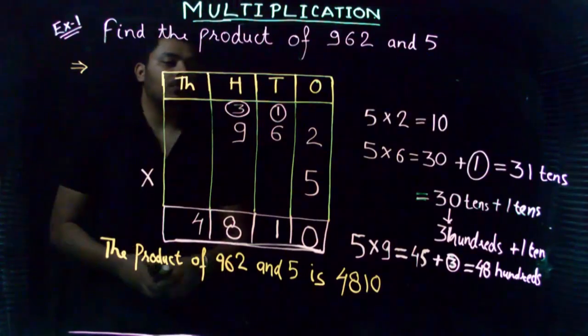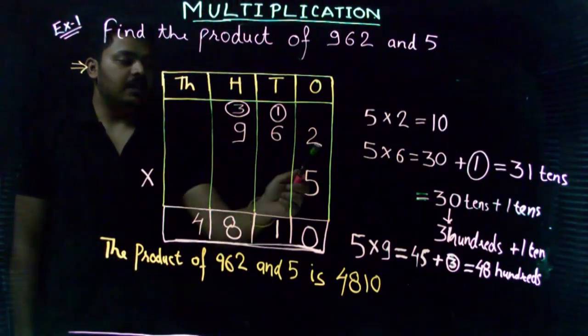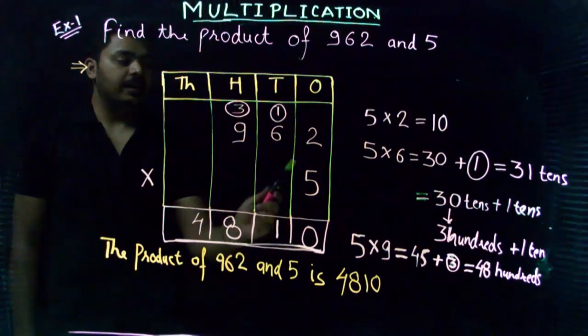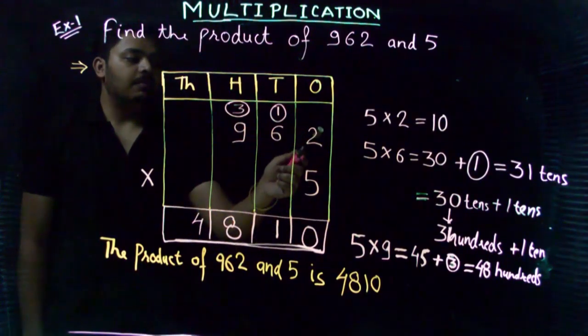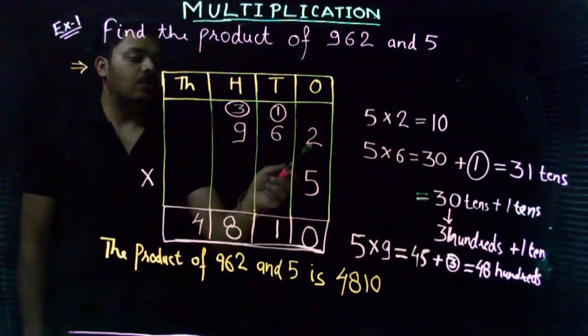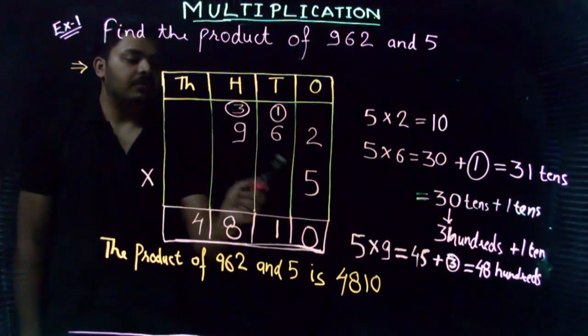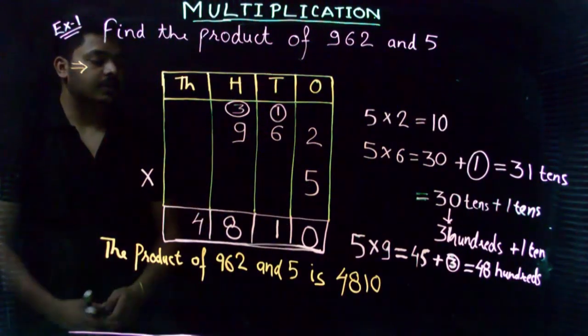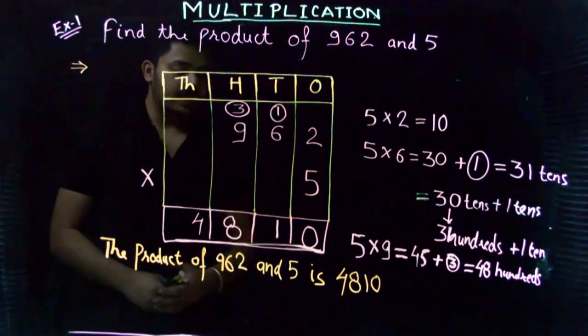First of all we need to place the multiplicand and the multiplier according to the place value, and then we multiply the multiplier with each value of the multiplicand in the given columns. 5 into 2, then 5 into 6 plus 1, then 5 into 9 plus 3 carried over. So our answer is 4810.